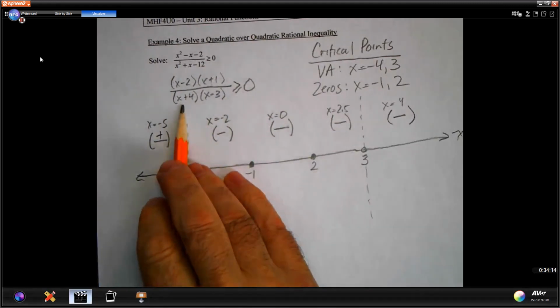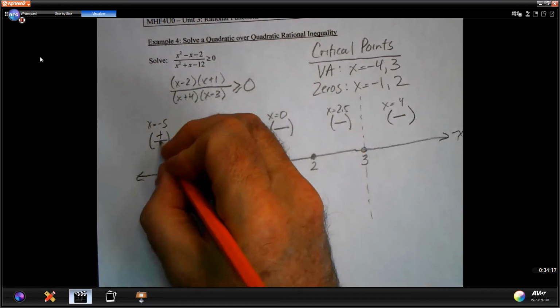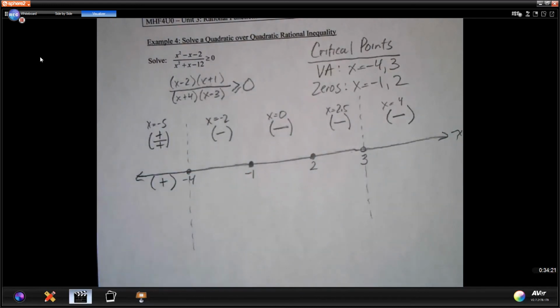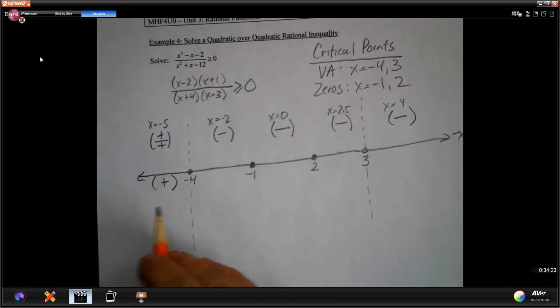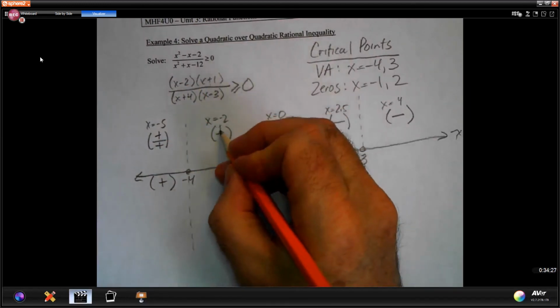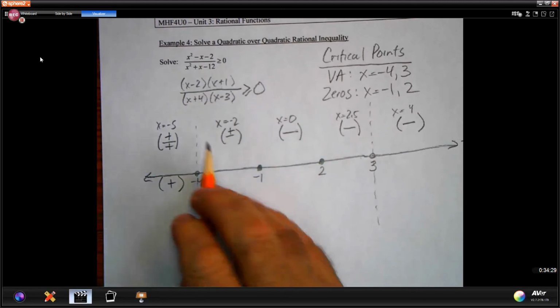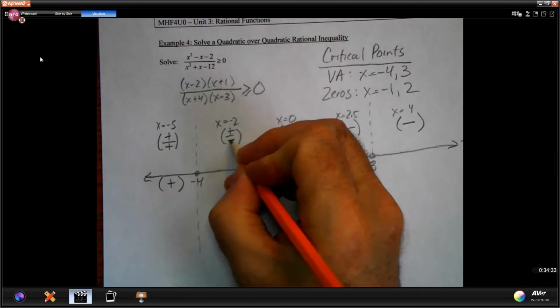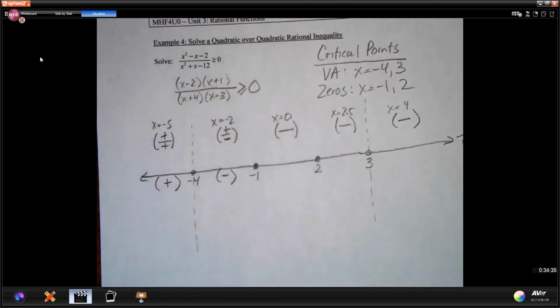I get negative on the bottom, that's also positive. So overall, the function is positive for this interval. If I plug in -2, I get negative on the top, which is positive. I get positive, negative on the bottom, that's negative. So overall, that interval is negative.